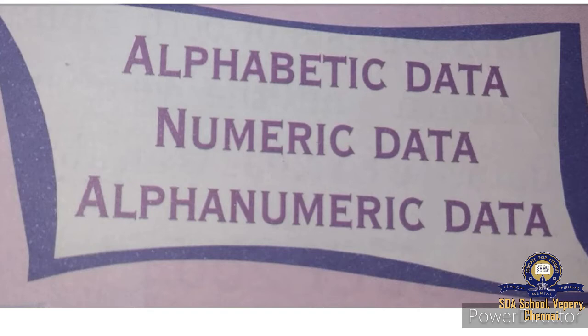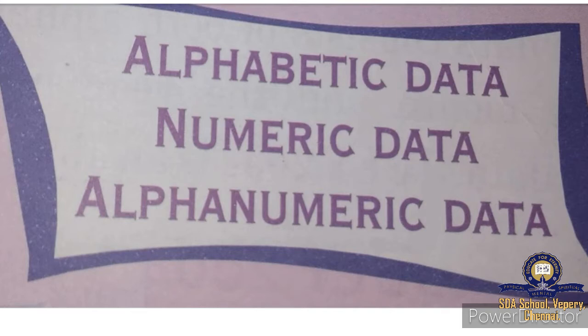What is numeric data? Suppose I ask you how many apples you ate in the morning, you can say I ate 1 apple or I ate 2 apples. The numbers you type, 1, 2, 3, are numeric data. What is alphanumeric data?